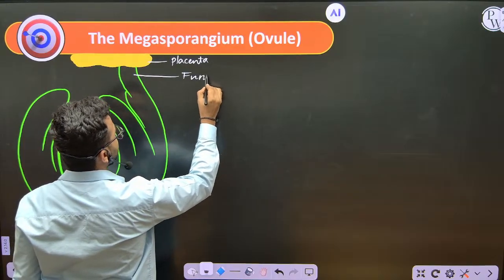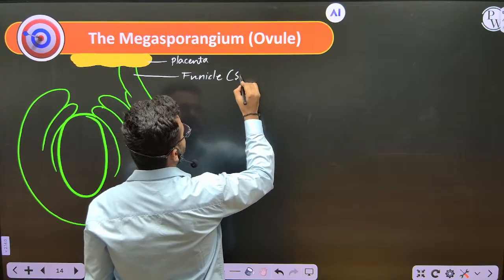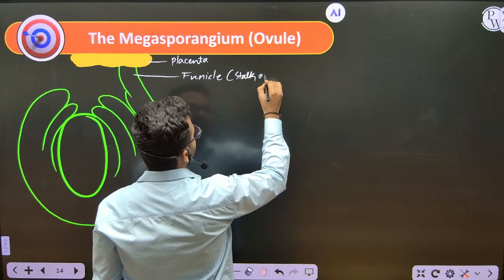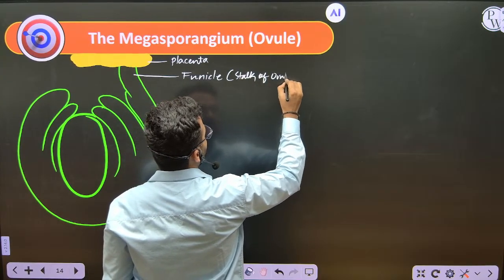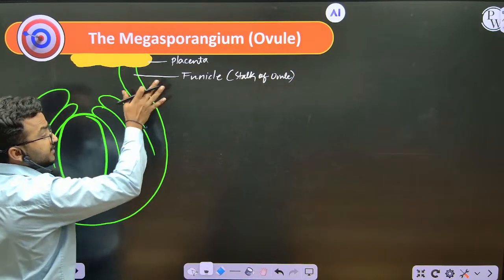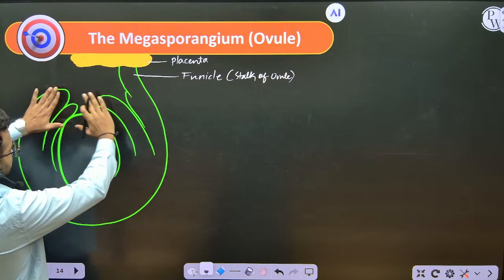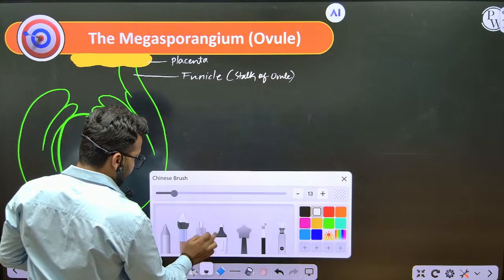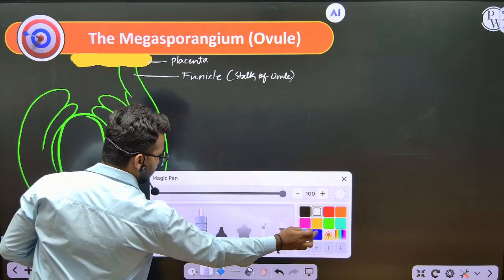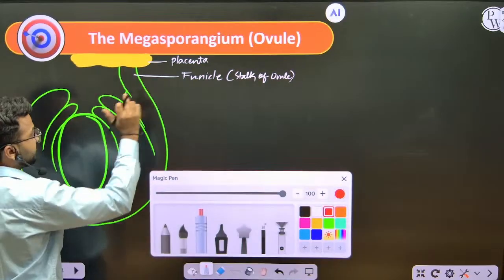Funicle is nothing but the stalk of the ovule. This is the funicle, the stalk of the ovule, and this is the junction.